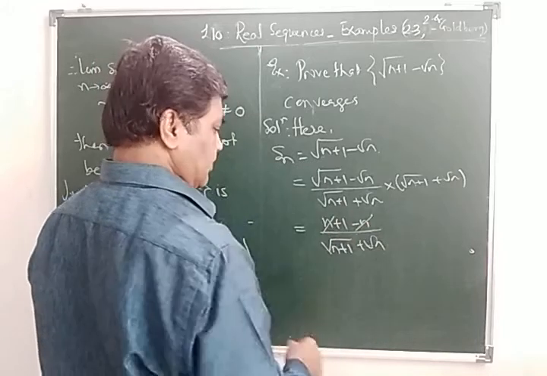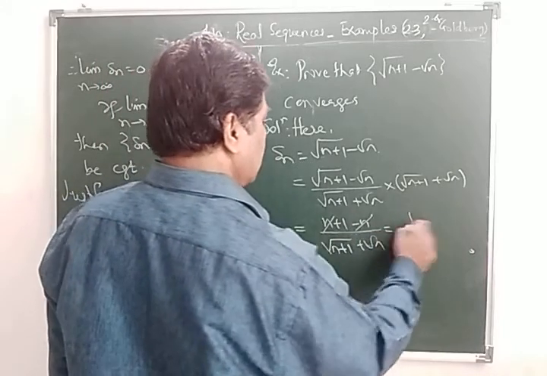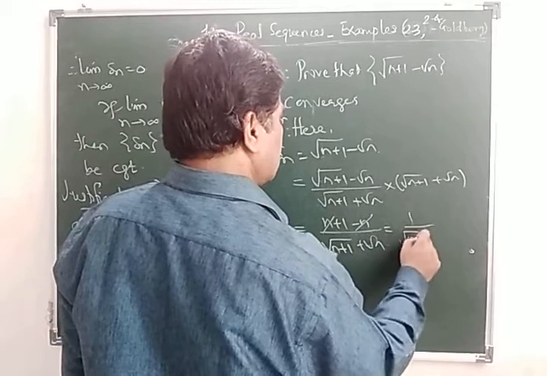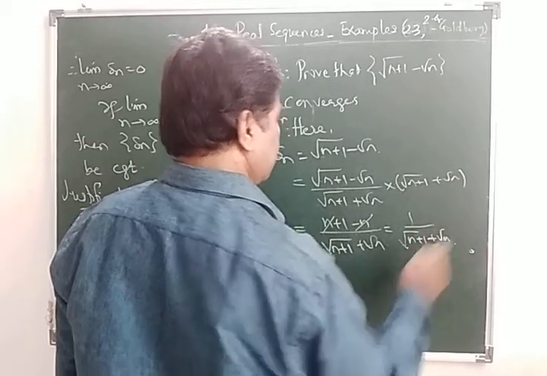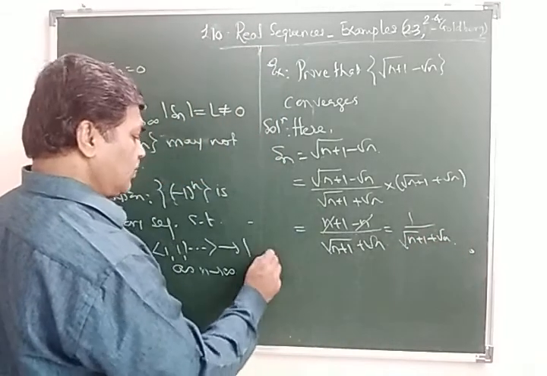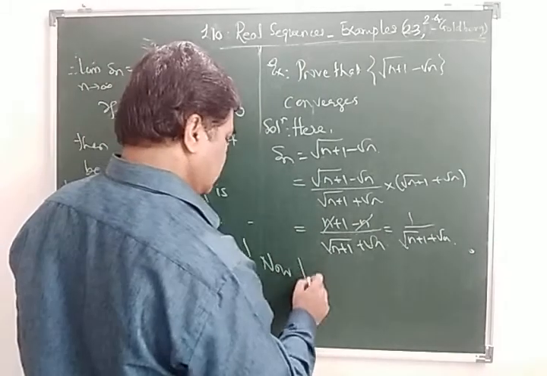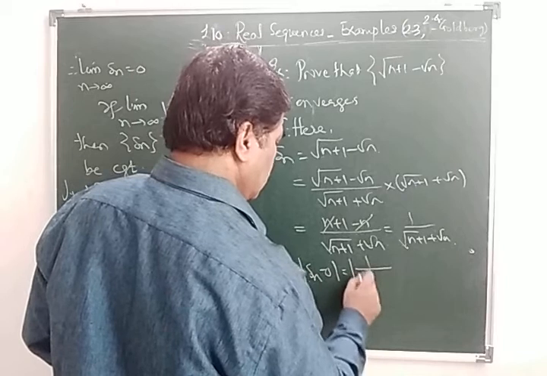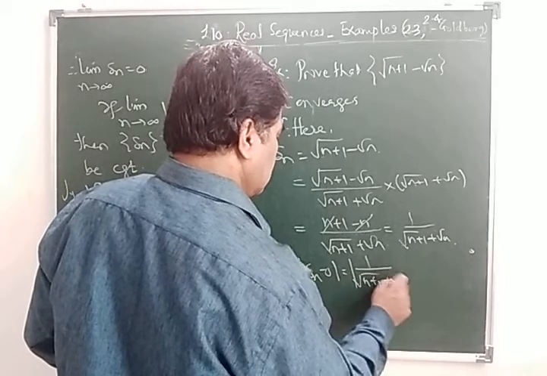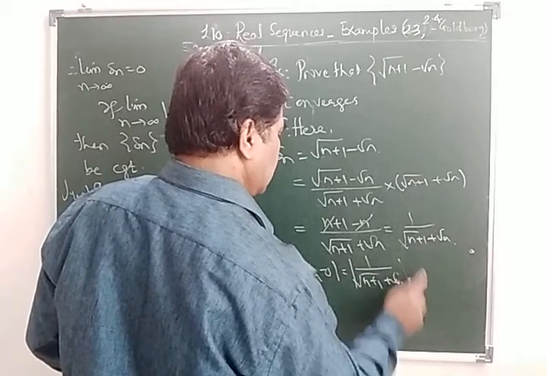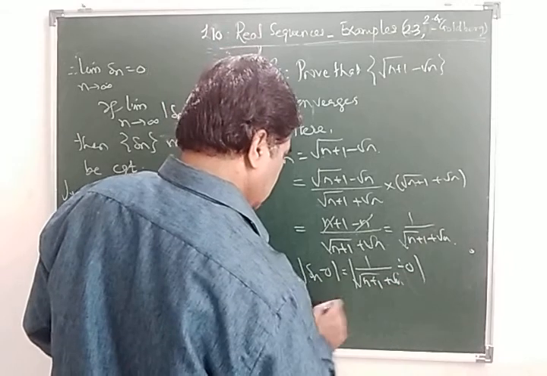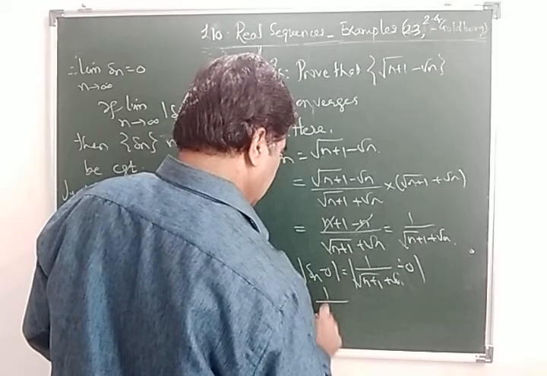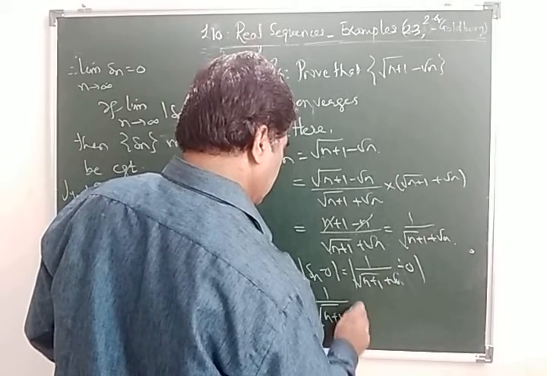This gets cancelled. So this is just 1 upon root of n plus 1 plus root n. Now mod of Sn minus 0 is equal to 1 upon root of n plus 1 plus root n minus 0, which is equal to 1 upon root n plus 1 plus root n.